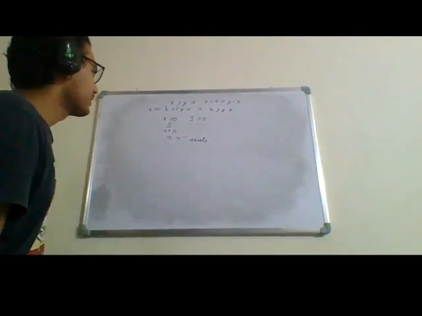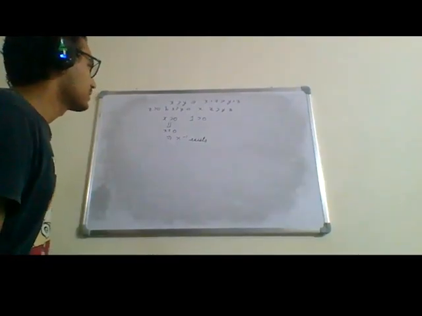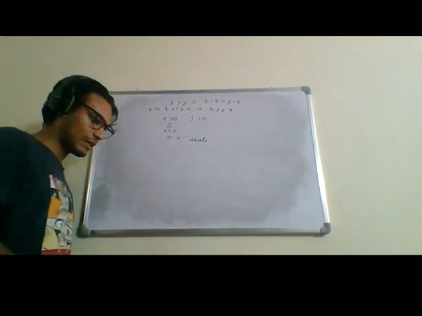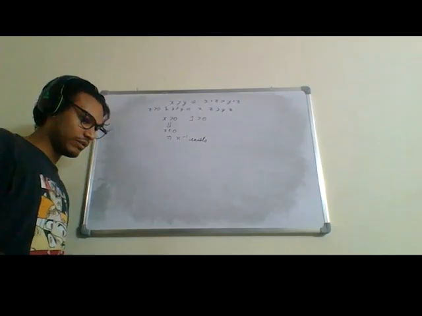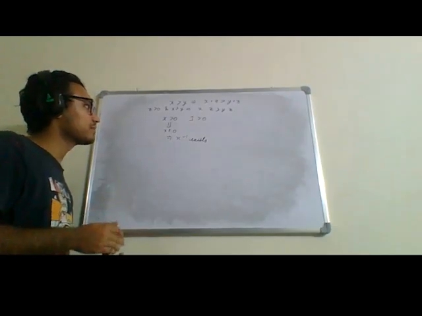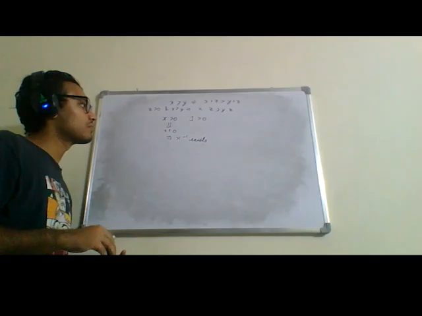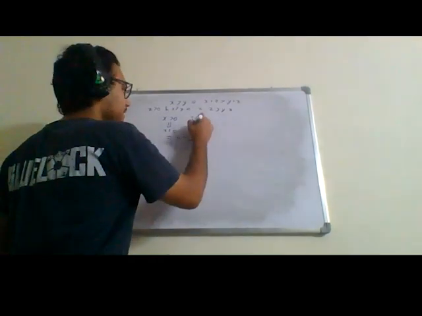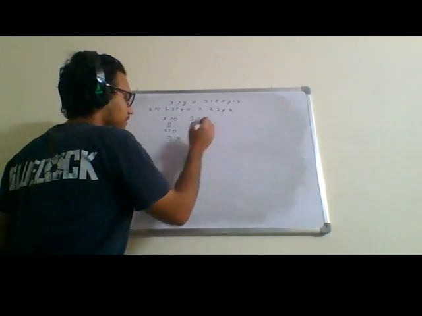Okay. Now, how do I do it without contradiction? All right, I can write this as x dot x inverse, right?